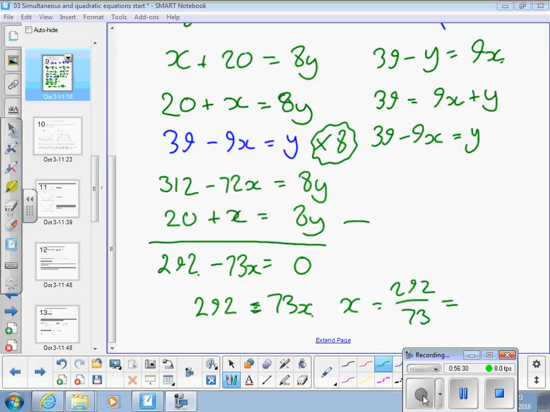This is add 73 to both sides. Four, isn't it?